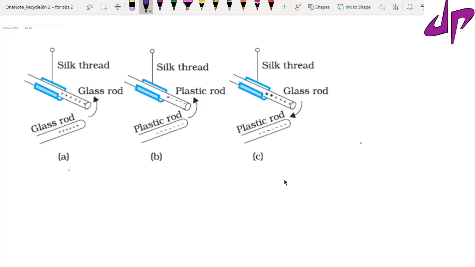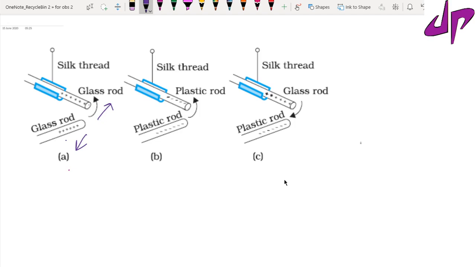If you bring two similarly charged objects, here the glass rod and the glass rod, which are positively charged, they both repel each other since they both are the same charged object. Similarly, a plastic rod rubbed with silk cloth acquires a negative charge.